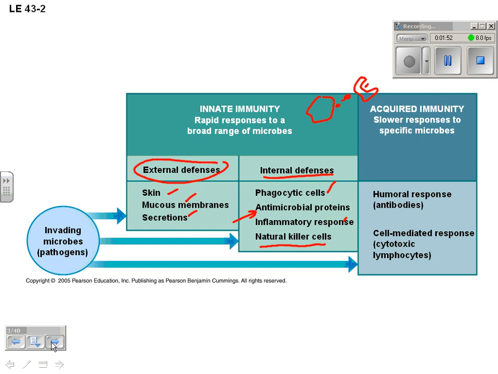The things that, quote, make you sick are microscopic organisms, sometimes not necessarily bacteria. Remember, the things that cause disease: bacteria, viruses, some kinds of fungi, some kinds of protists.